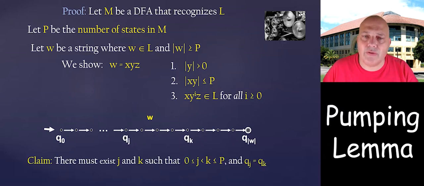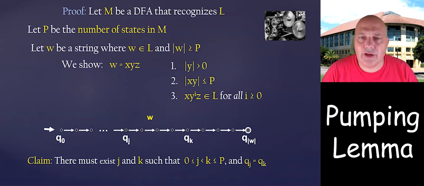So there must be j and k such that qj and qk are the same. In fact, j and k are different, and k is at most p. For this argument, we didn't need to look all the way until the last accepting state.